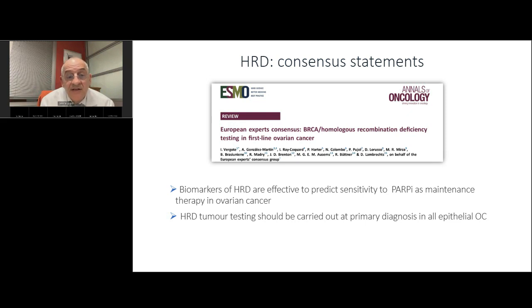Biomarkers of HRD are effective to predict sensitivity to PARPi in the maintenance of ovarian cancer and should be carried out in all women with epithelial ovarian cancer at time of diagnosis.